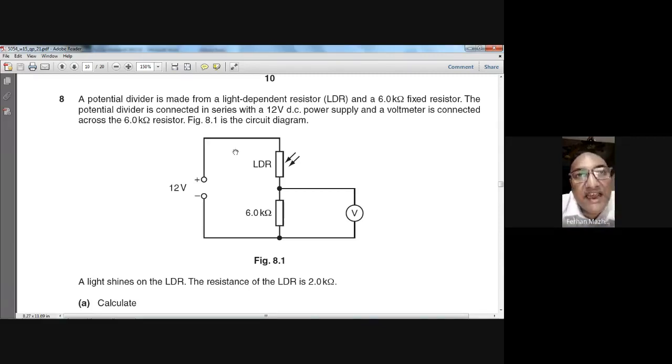So if the LDR takes less voltage, then the fixed resistor will have to take more voltage. Because the voltmeter is across the fixed resistor, if the LDR takes less voltage, the fixed resistor will take more voltage and the voltmeter will show a larger reading. The reading on the voltmeter will increase.